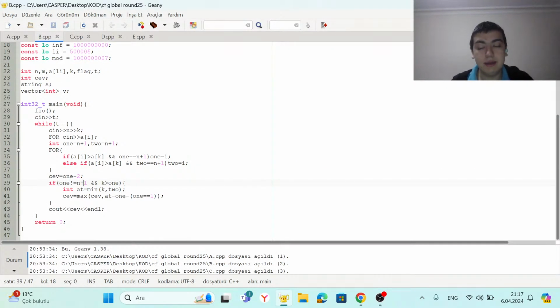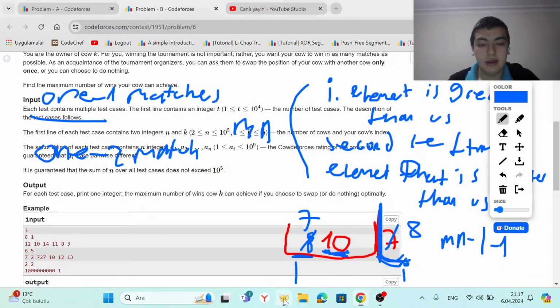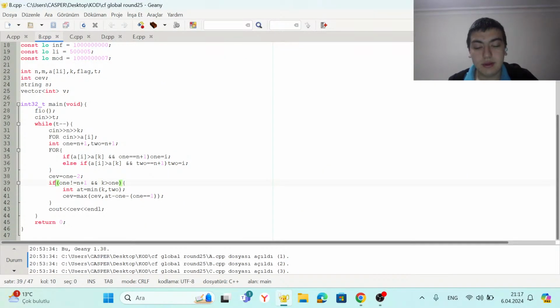And here I'm finding the second option, which we thought of first while thinking about the problem. In this option, we are swapping our current cow with the leftmost cow that's greater than us. So I'm saying that if k is greater than l1, our cow is now to the right of the first cow that is greater than us.